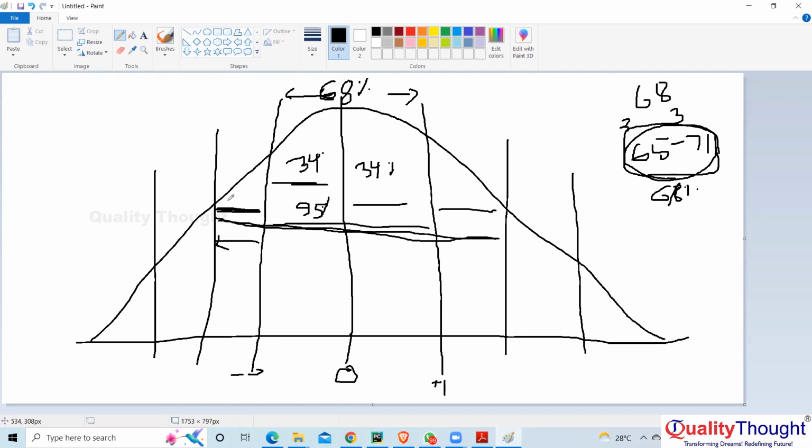So Pujita says 13.5, 13.5, approximately. If you go by calculation, it will be 95.125 something, and 68 point something. But roughly, you don't have to get too much into the actual value. So this is the 2 sigma. And 3 sigma is 99.7.